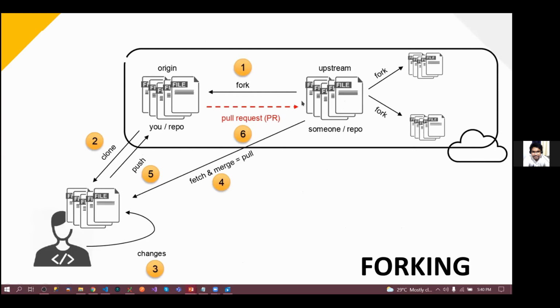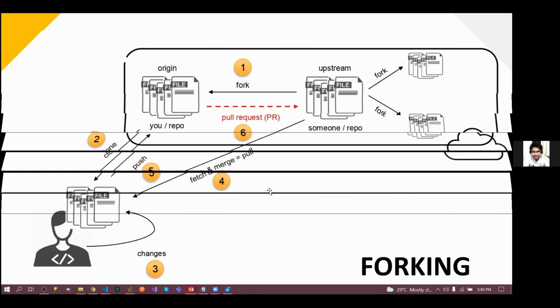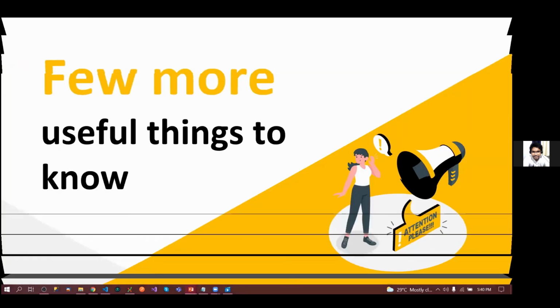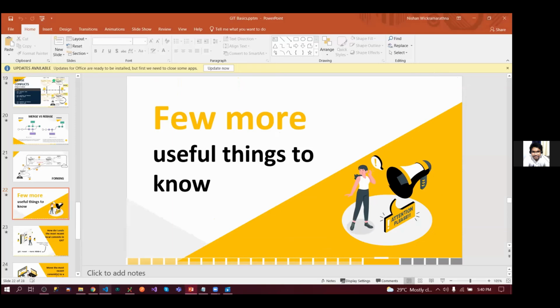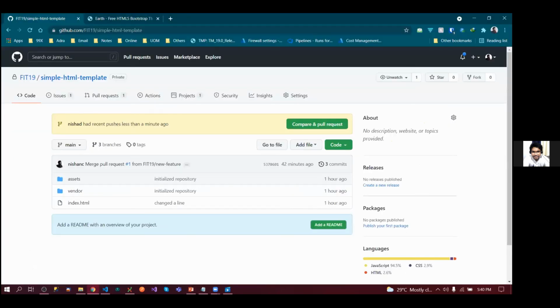Forking means getting the repository in your organization into your profile. We call it your repository. Let's see how that's happening. If I go here, you can see there's a fork button here, and if I try to fork it, I'm not able to fork it.